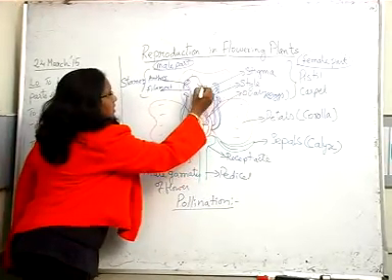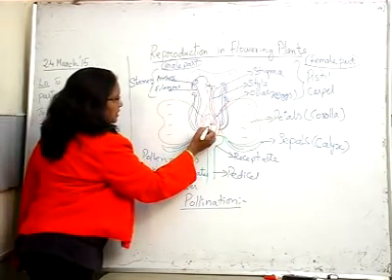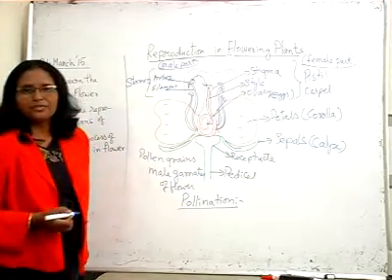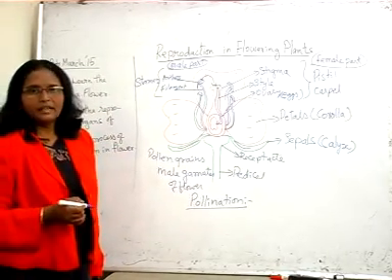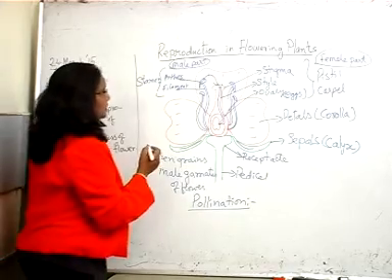Then this pollen, which has the male gamete, fuses with the female gamete of the ovary, that is the egg. This fusion is called fertilization.